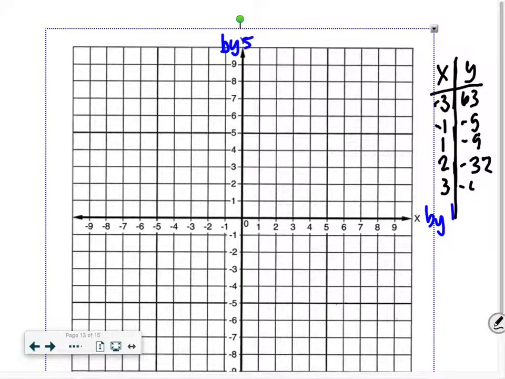Y goes up by 5s, x is by 1s. Oh, shoot, because you only need to go to negative 3 and positive 5 on your x's. Are we okay? Go for it.